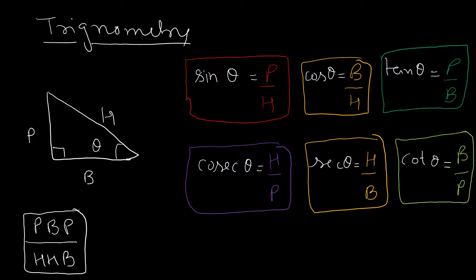We can get sine of angle, cosine of angle, tangent of angle, cosecant of angle, secant of angle, and cotangent of angle for this right angle triangle.